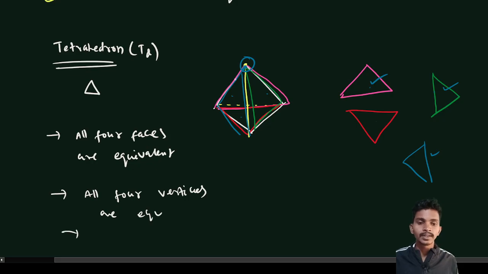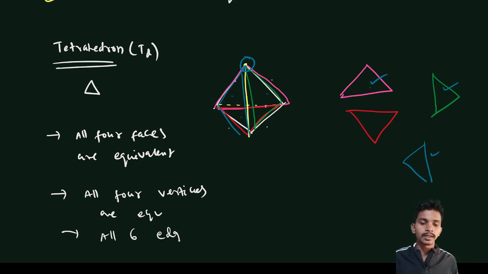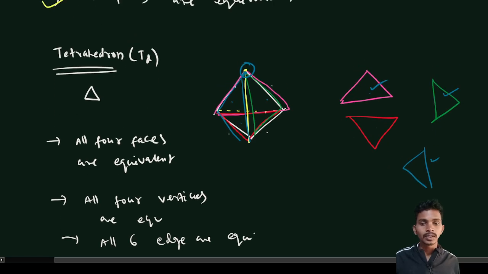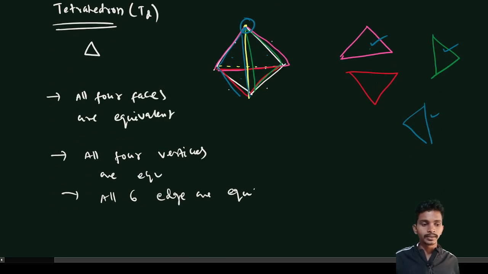Similarly, how many edges? 1, 2, 3, 4, 5, 6, so all six edges are equivalent. So if you do operations along faces, vertices or edges, we get equivalent orientations, and a huge number of symmetry operations are there for the tetrahedral Td.